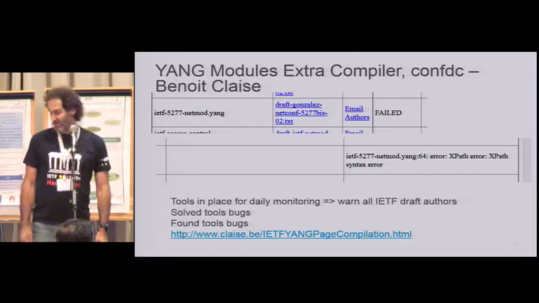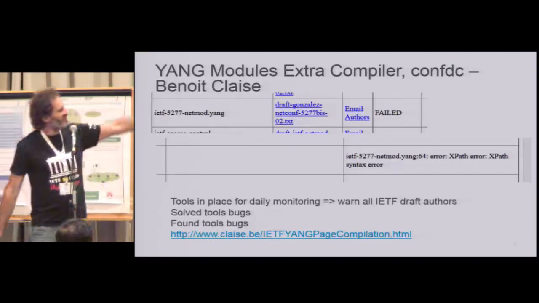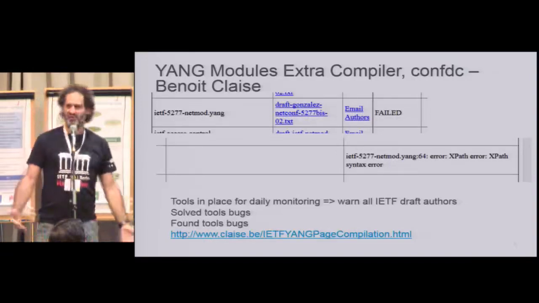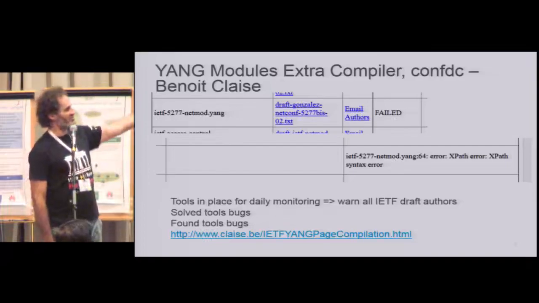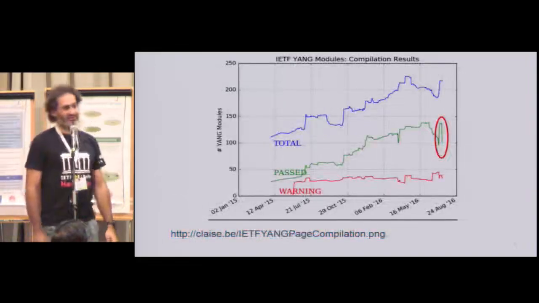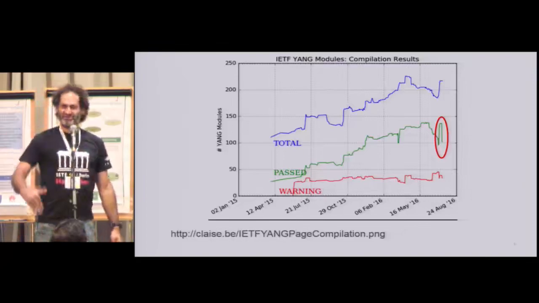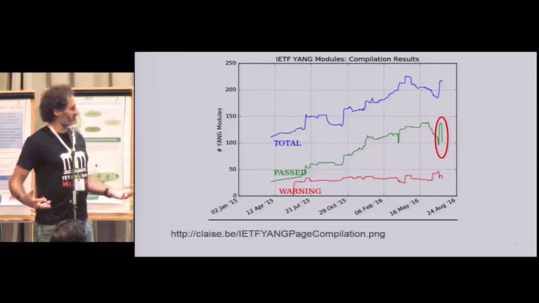So obviously, we discovered a couple of issues, but if you look on the right-hand side, this one is failing XPath. It's typical YANG module stuff, but the XPath was not checked with the previous compiler. Conclusion: the number of YANG modules that pass compilation just dropped. It fails, but it's good news because now we're going to produce better quality.